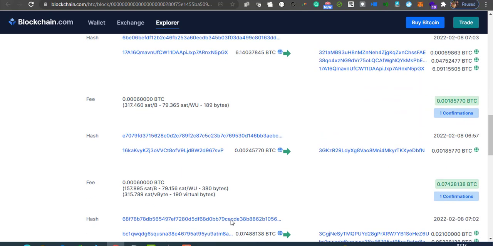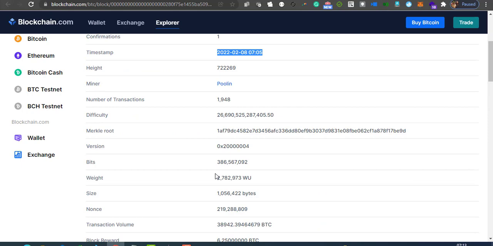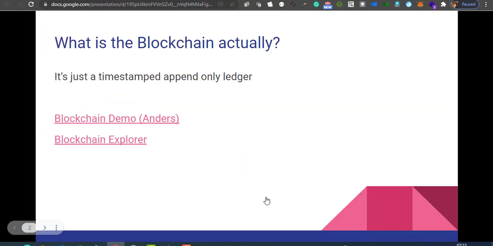For example, this guy transferred 0.0024 BTC to this particular guy, and you might be wondering where the remaining 0.0006 Bitcoin goes. It goes toward the fee. All of these terms we'll try to understand, but for now, just understand that blockchain is nothing but a timestamped, append-only ledger.